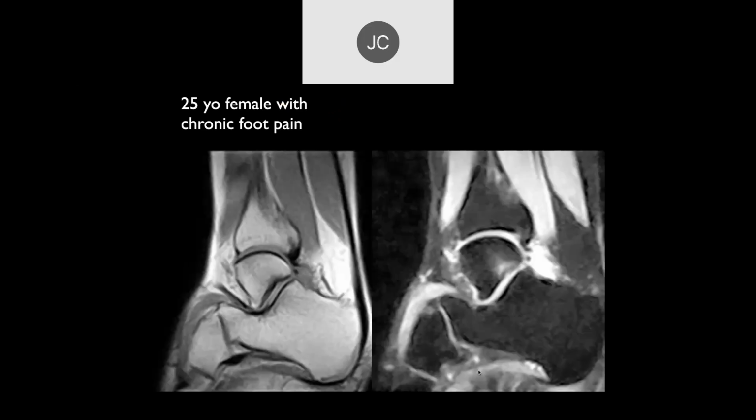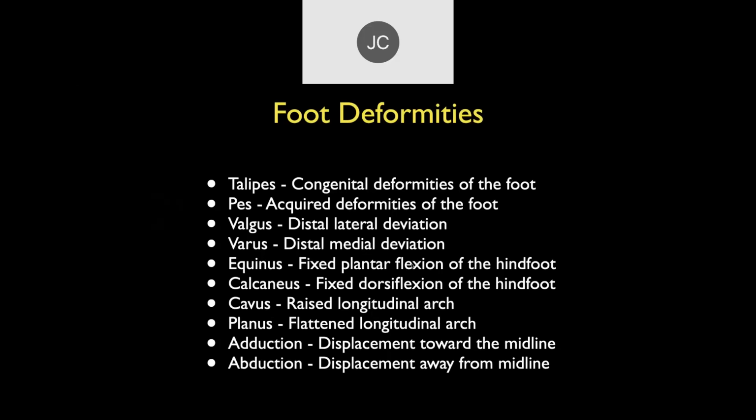So, Tayson, what do you think of this case? Looks like an equinus deformity, right? Well, let's go back here. So equinus is fixed plantar flexion of the hindfoot. Calcaneus is fixed dorsiflexion of the hindfoot.